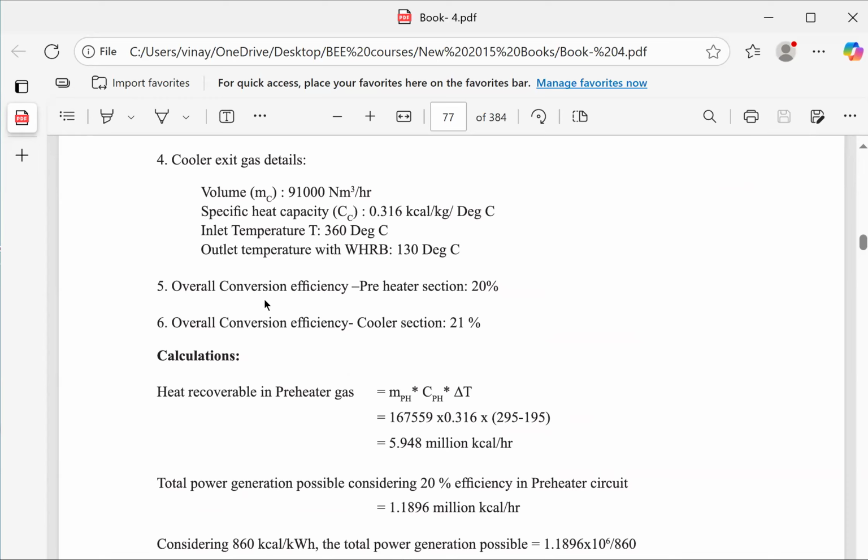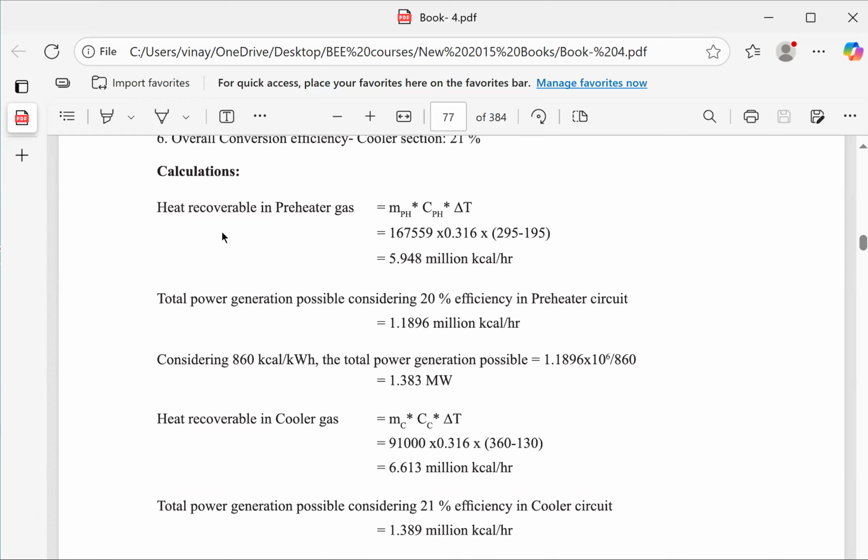Here, they have given the conversion efficiencies: preheater section 20%, cooler section 21%. Then how will you calculate? Heat recoverable in preheater gas equals mass of preheater gas times C times delta T, where C is the specific heat, 0.316, and delta T is the temperature difference.